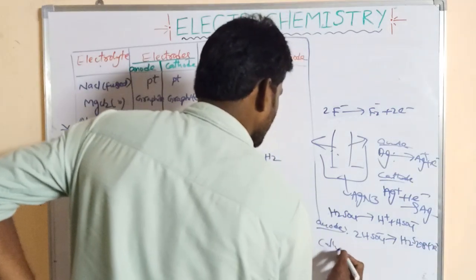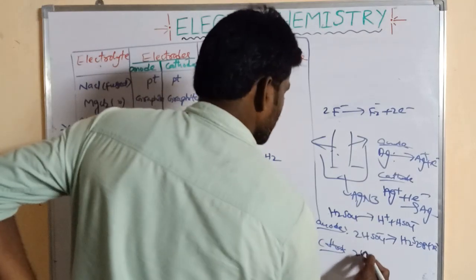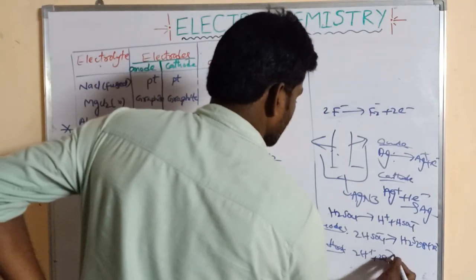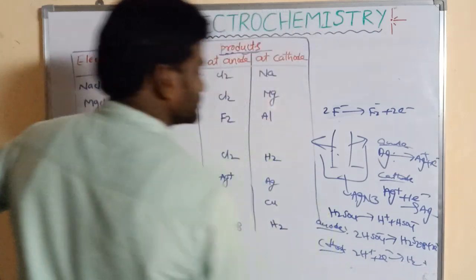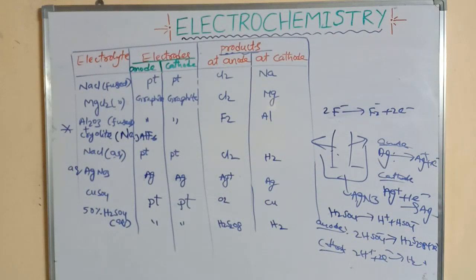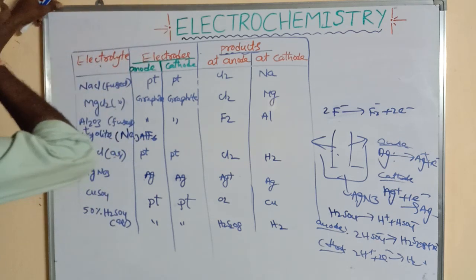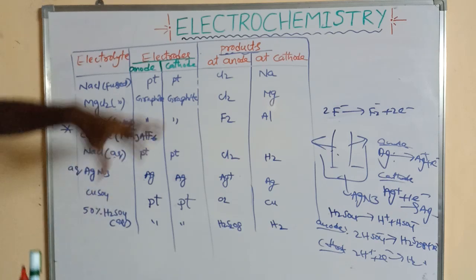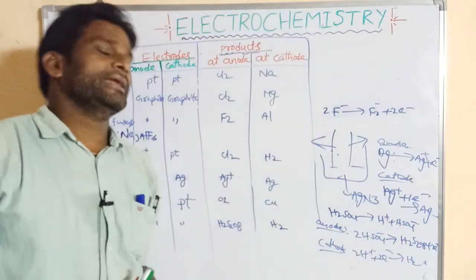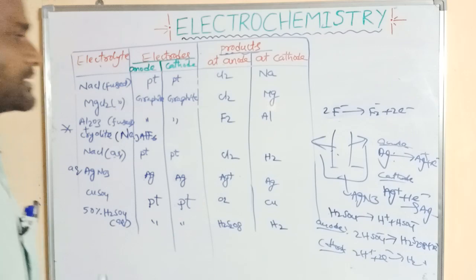At cathode, 2H plus gains 2 electrons and gives rise to H2. So this is at cathode. So this is the electrolysis of different electrolytes at different electrodes. That gives different products at electrodes, right?